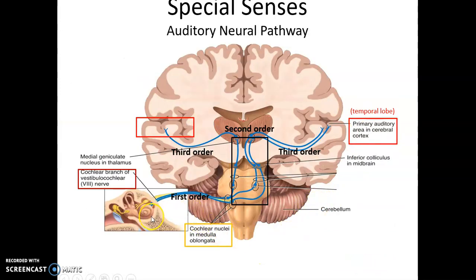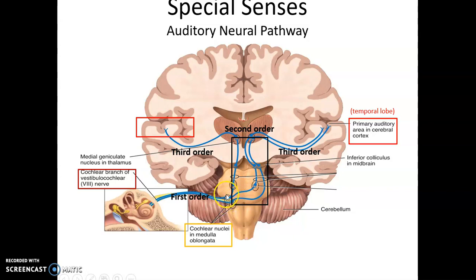All right, so we have the first order sensory neurons. They are the ones that synapse with the hair cells. So when hair cells are stimulated, the nerve impulse will travel through the first order sensory neurons that are traveling through the vestibulocochlear nerve.